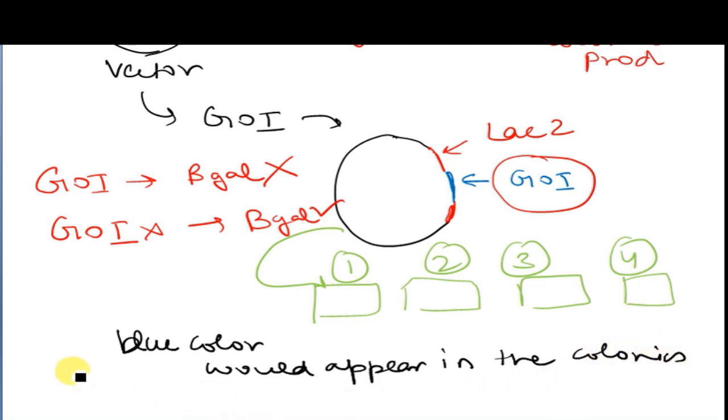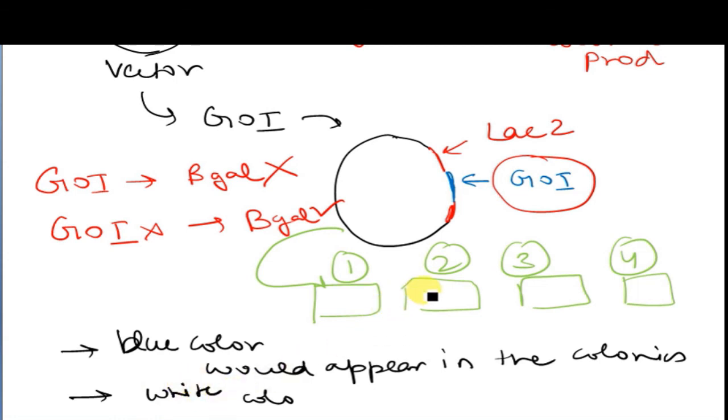And for those places at which the gene of interest has properly integrated into this vector and transformation has taken place, then what colored colony would be present there? Not blue, white colored colony would be present over here. Why white?